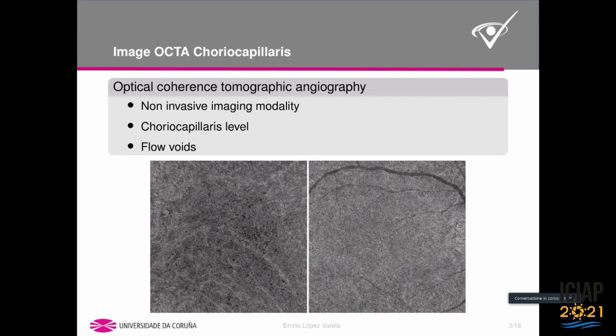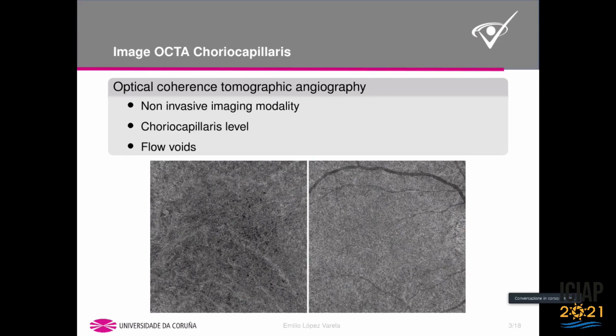Recently, this type of image has begun to be used in areas deeper than the retinal layers, at the level of the choroid. So an image at this level of the choroid looks like the one you see here. It is a very granular image where vascular areas are shown in white and gray, and avascular areas, also known as flow voids, are shown in black.